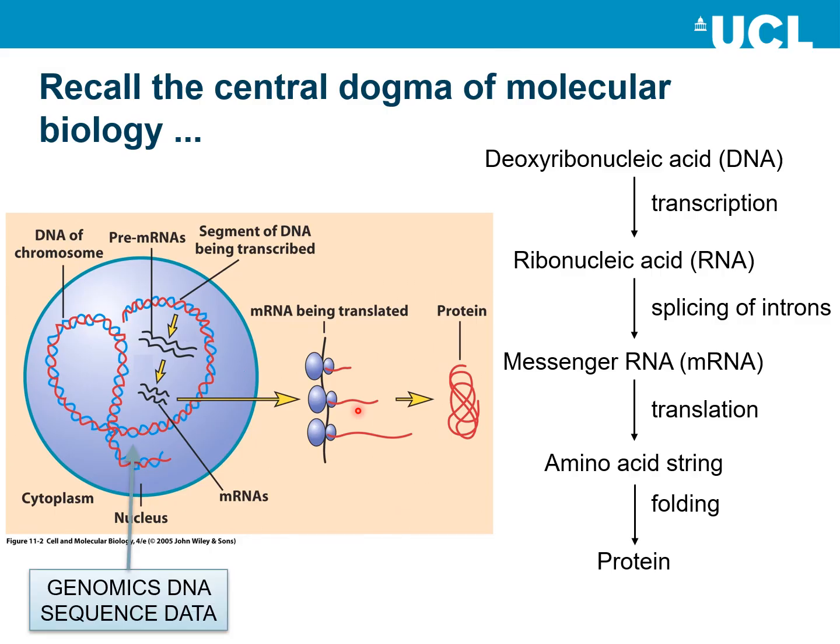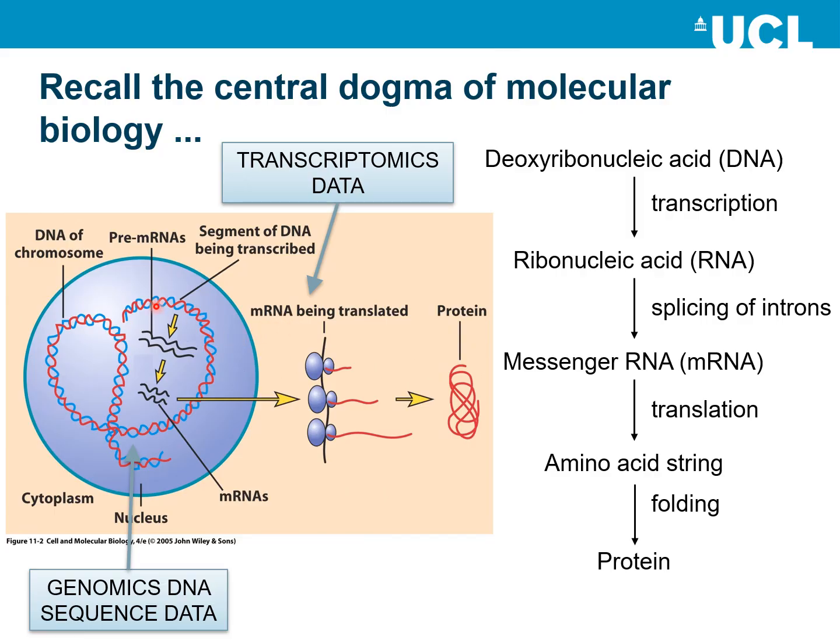How does our omics data relate to this? Well, the DNA sequence of the organism is the genomics data, essentially the sequence data. The transcriptomics data is the level of messenger RNA.